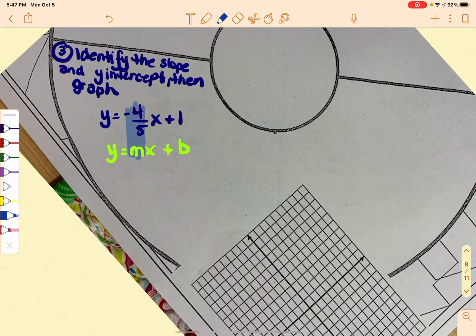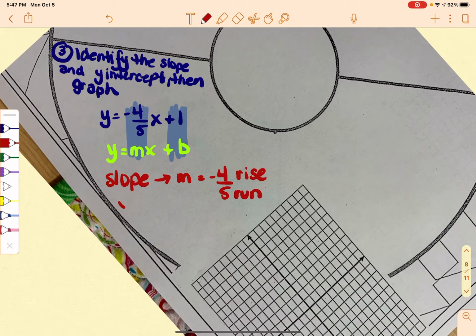This piece is my m, and this is my b. So for my slope, my m value is going to be negative 4 over 5 for my rise over run. My y-intercept is my b value, which is 1. So that's the point 0, 1.